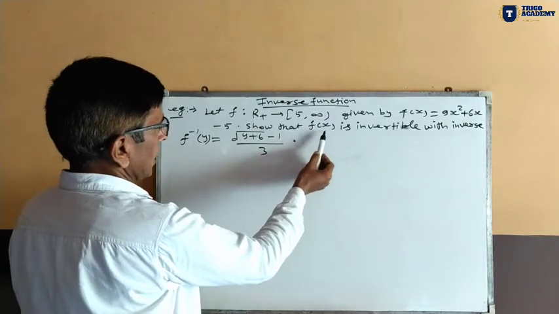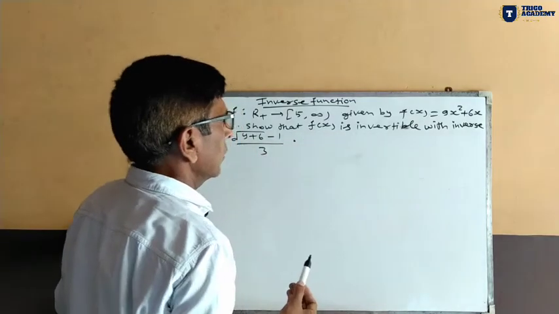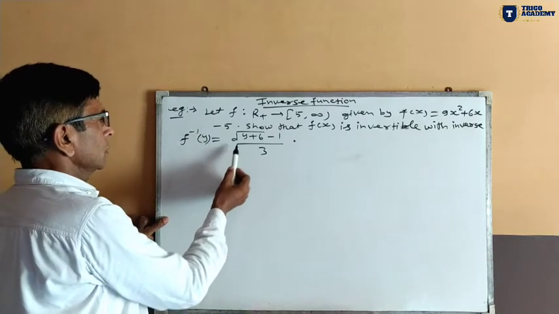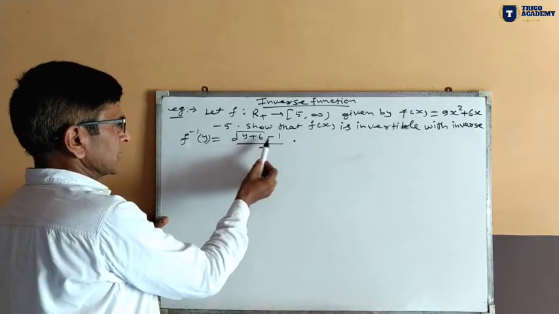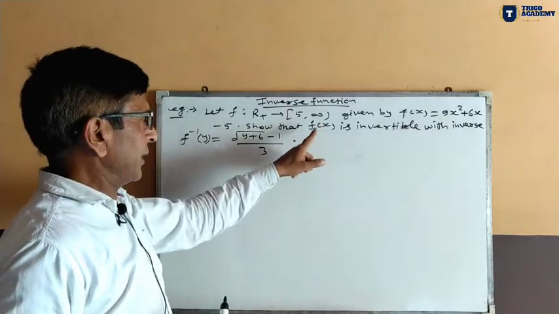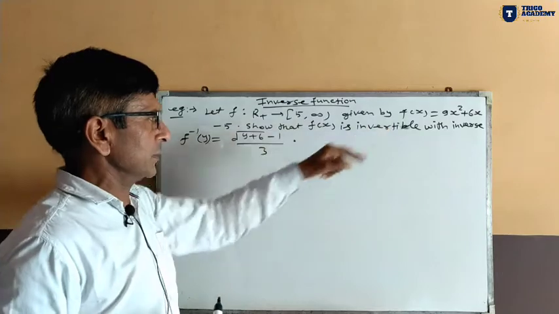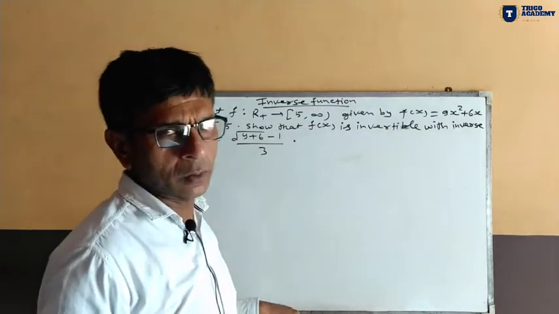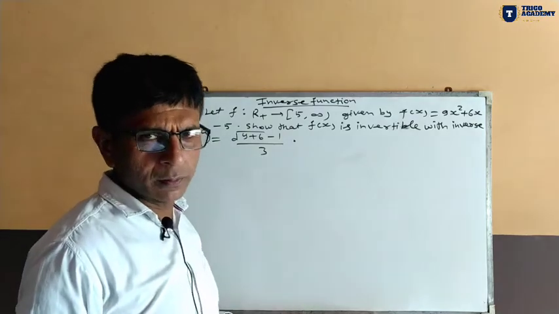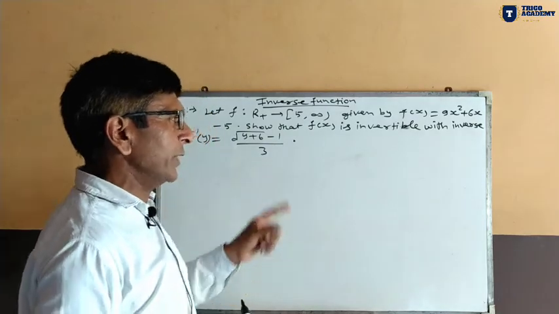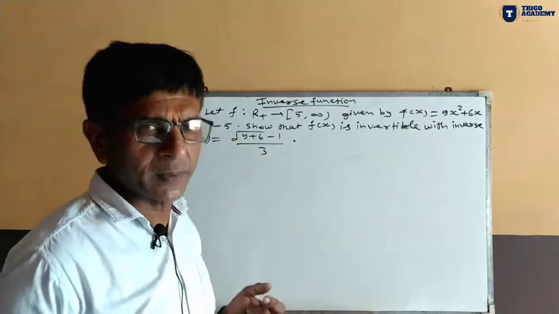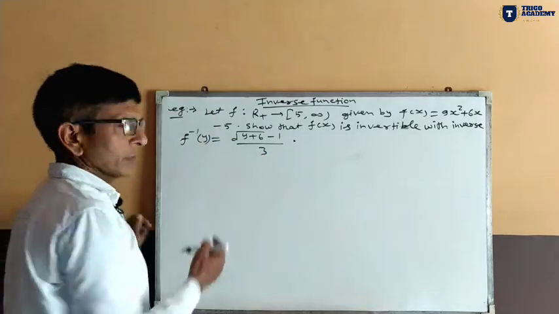Show that f(x) is invertible with inverse f inverse of y equal to (root of y plus 6 minus 1) whole upon 3. First we have to prove this function f(x) is invertible. So for that we have to prove f(x) is 1-1 as well as onto. After that we have to find the inverse of this function, and the inverse of this function will be this. Okay.